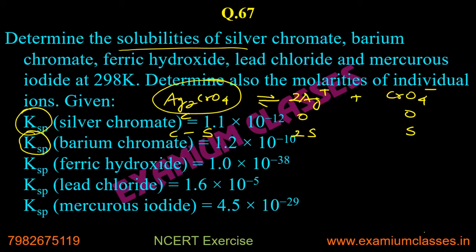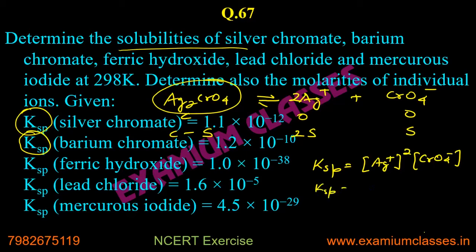The KSP is given. KSP is nothing but an equilibrium constant, an ionization constant in this case. So KSP will be equal to the concentration of Ag plus whole square, times the concentration of CrO4 minus, not whole square here, only CrO4 minus. Now substitute the values.